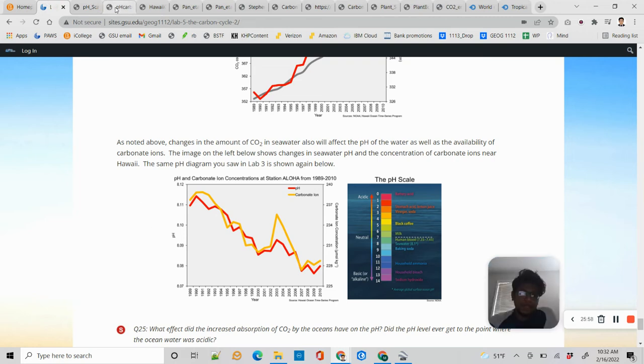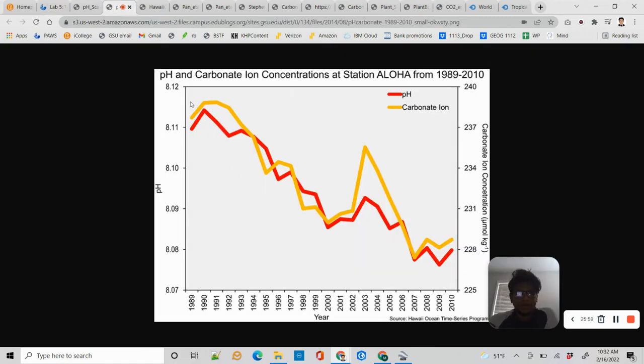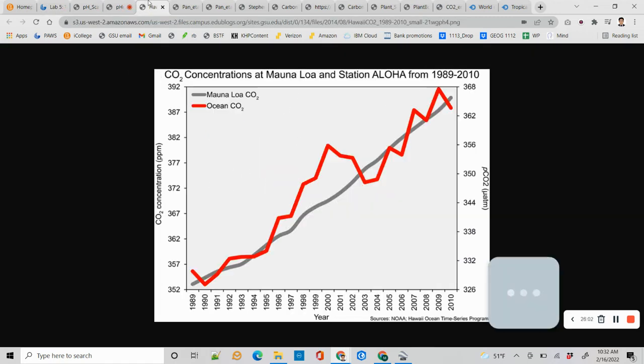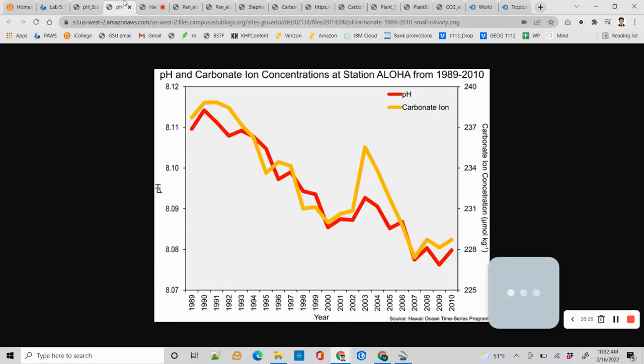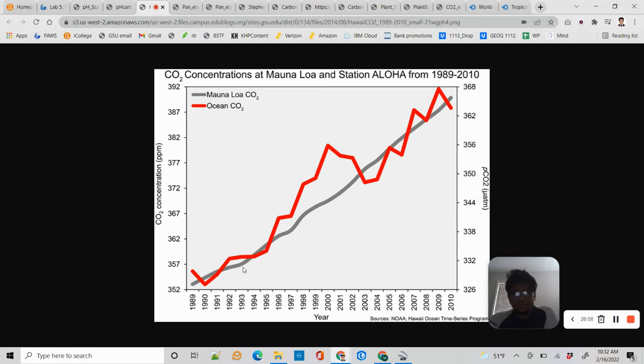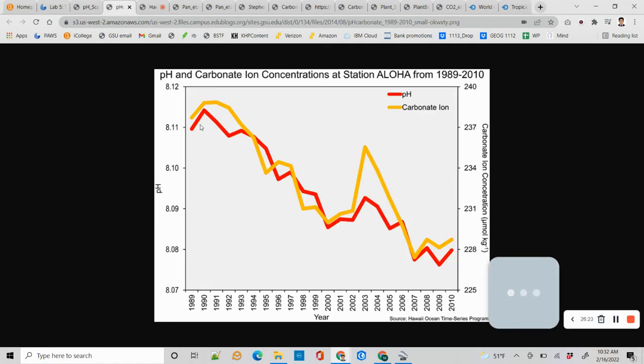If you look at this graph and compare that with this one, you see the carbon dioxide concentration increased overall, in Mauna Loa as well as in the ocean. So the more carbon dioxide gets into the water, the more the water pH goes down.